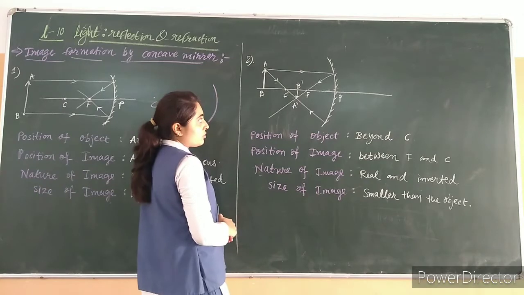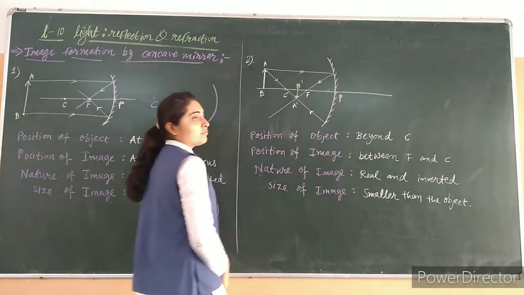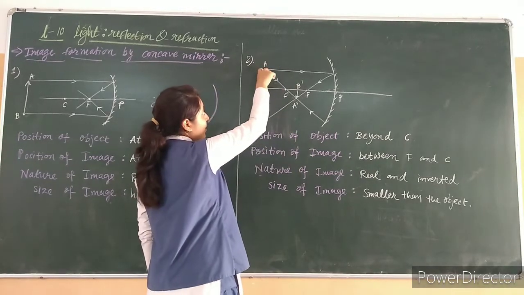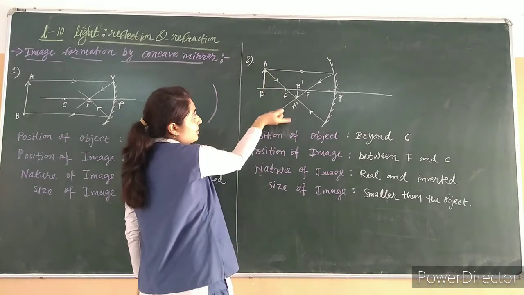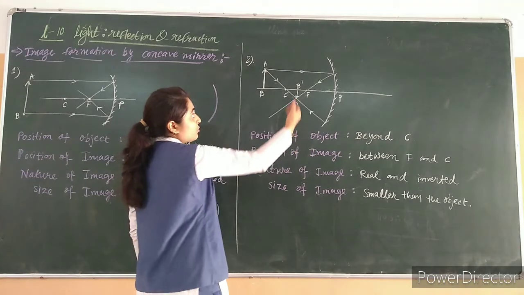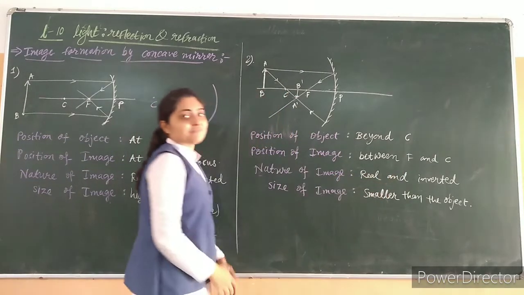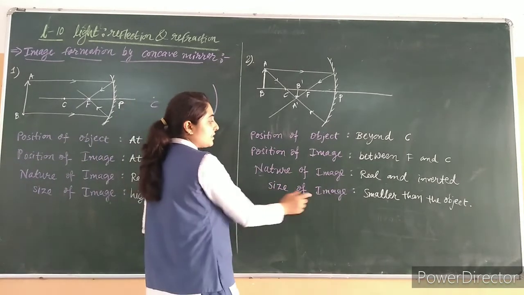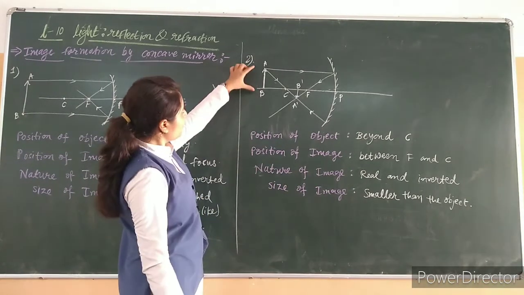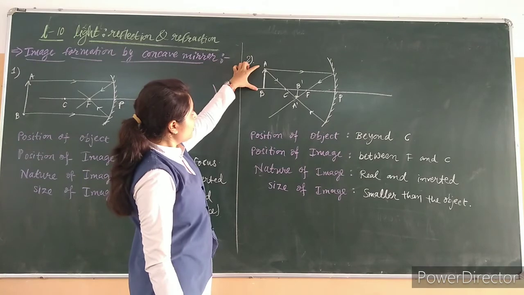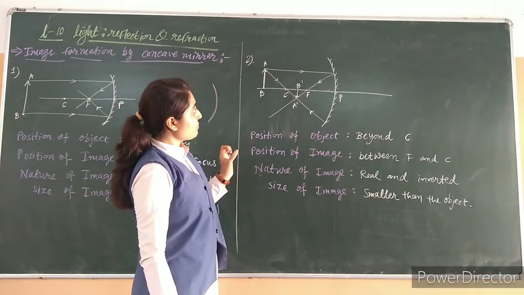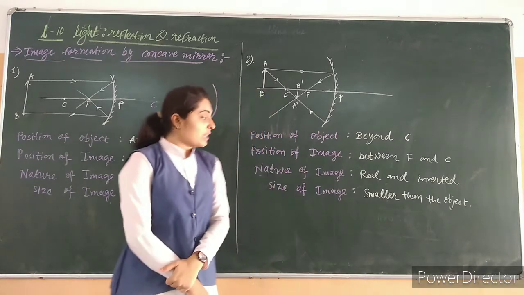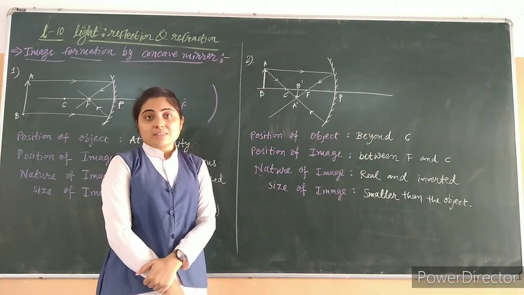Nature of the image: the rays are actually meeting, so it is real, and the image of A is downward, so real images are inverted. Size of the image: you can clearly see that A prime B prime is smaller than the object AB.